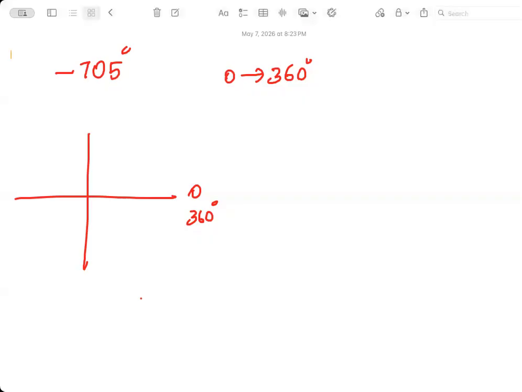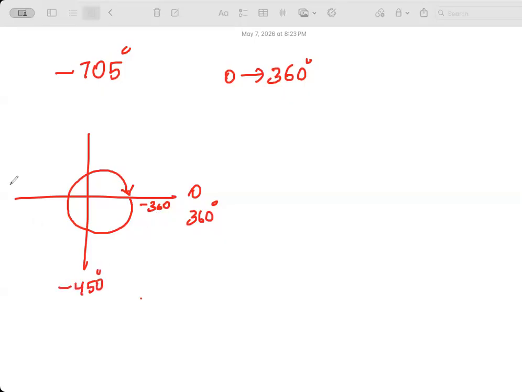Okay, minus 705. When I go in the clockwise direction, I finish minus 360 here. Then again I increase it by 90, so this is minus 450. Then minus 540, minus 630.